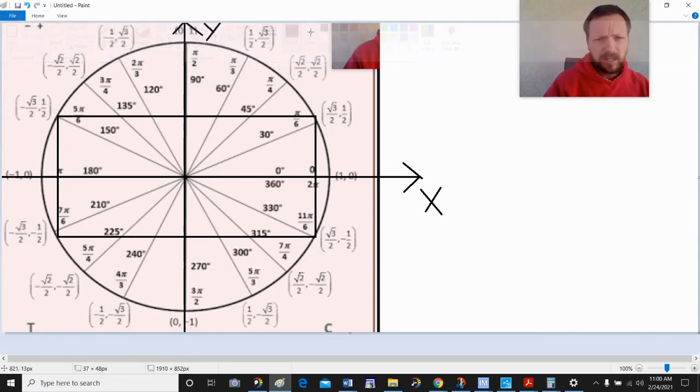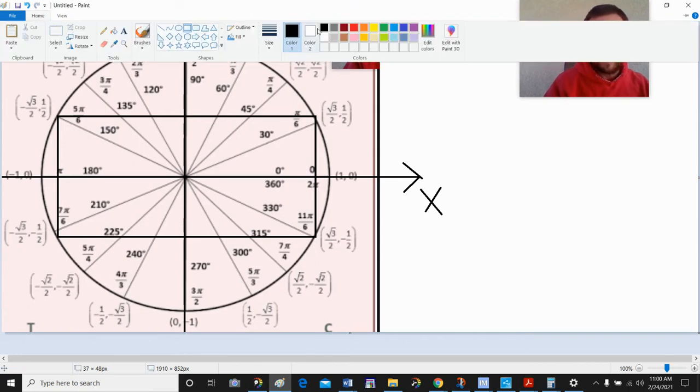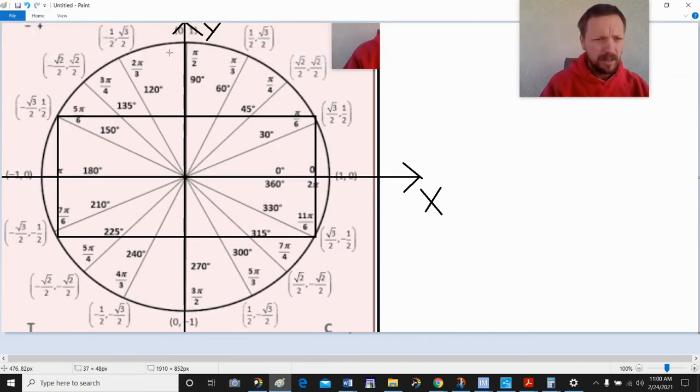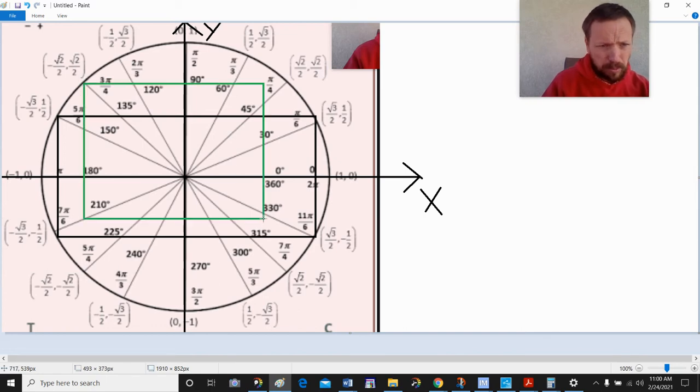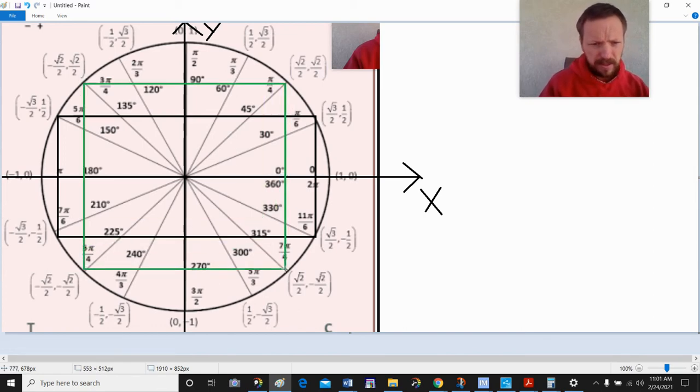Let's do another color for the rectangle. Let's go with green. A little bit of school spirit going on here. I got spirit, yes I do. Now all of these corners on this square are pi over 4, and the x and y are exactly the same, radical 2 over 2.